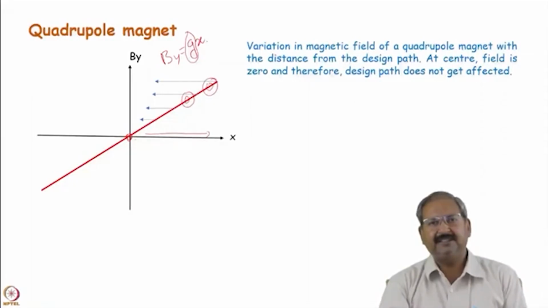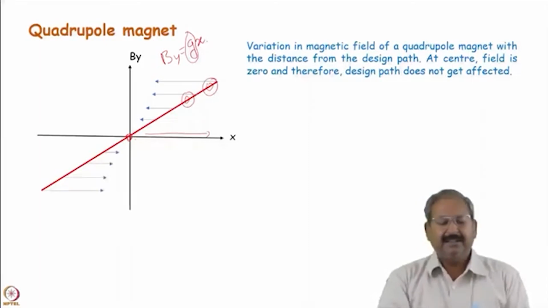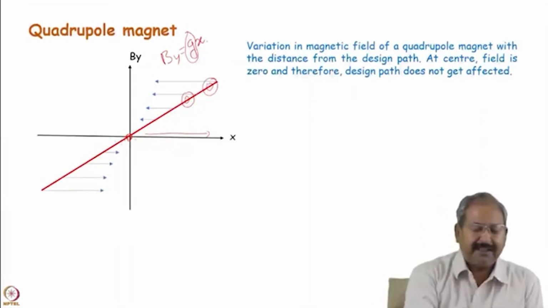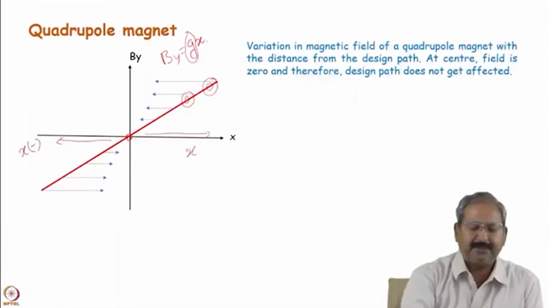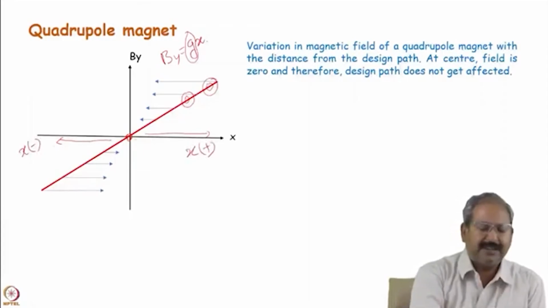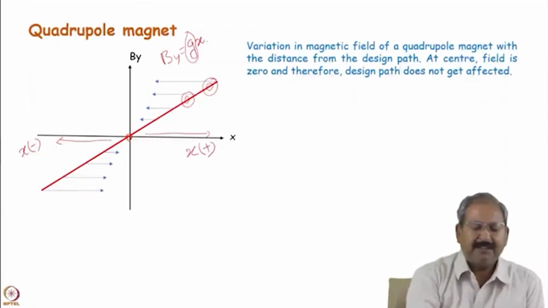We have seen that if x is more, theta should be more. And if x is negative, here x is negative and here x is positive, then because By has also changed its sign, the force will also change its sign, and it will be in the reverse direction.